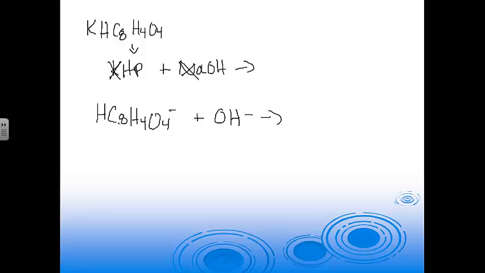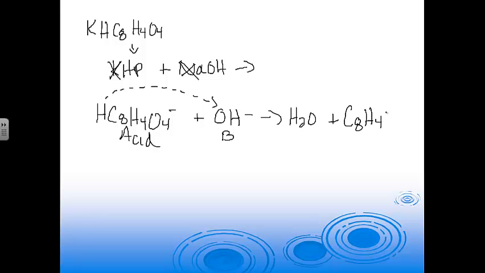I'm reacting it with hydroxide. Here is my acid and here is my base. The hydrogen is going to be donated to hydroxide and make water, as well as leave us with that phthalate ion, C8H4O4, which is now 2- because we took off the positively charged hydrogen.